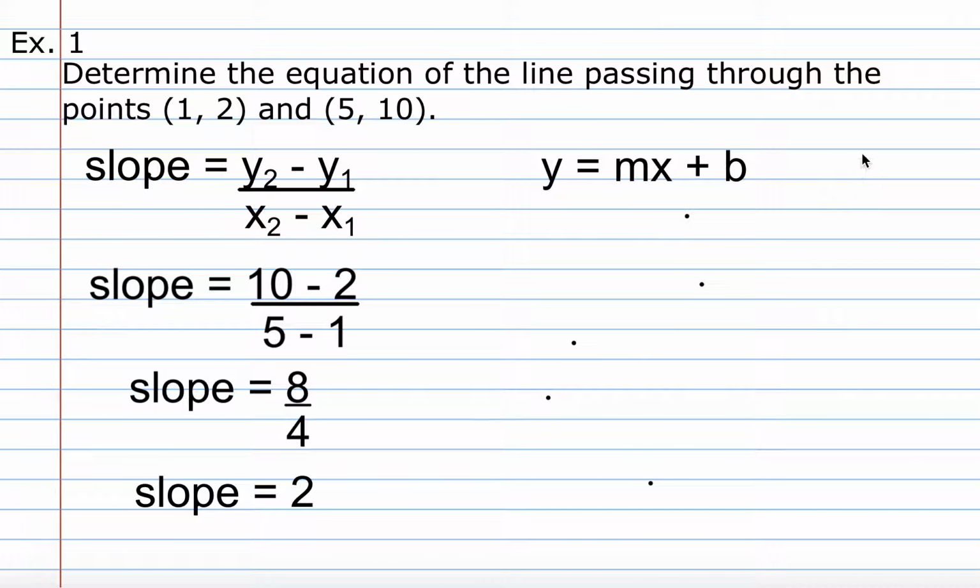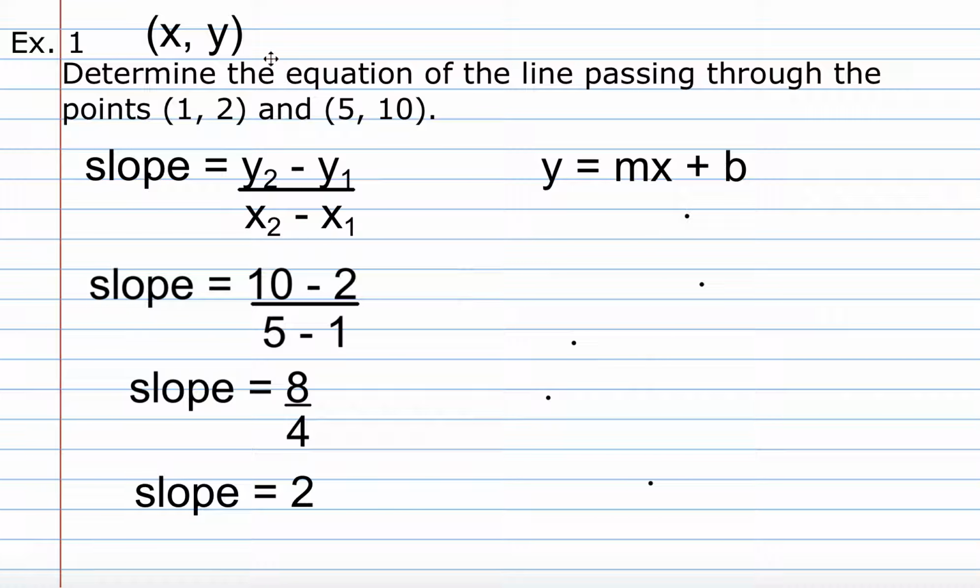Now we're going to sub into y equals mx plus b. We're trying to find the b value. You can choose either one of these points. I chose (1, 2) to sub in. Remember, x is always my first value, y is always my second. Points are always written as x and then y. So don't confuse that when you're taking your points.